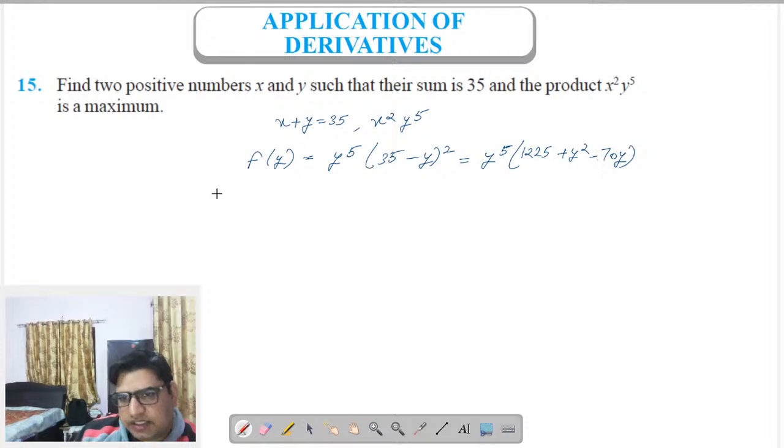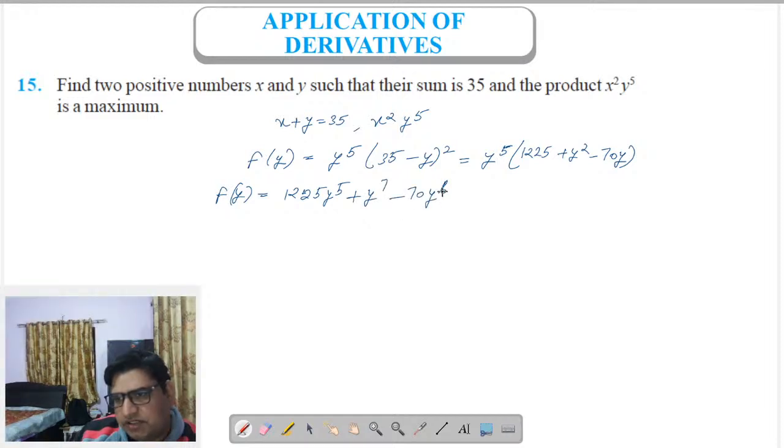If we calculate f dash y from here, that will give us the critical point. So let's first write f(y), which will be 1225 into y to the power 5 plus y to the power 7 minus 70 y to the power 6.